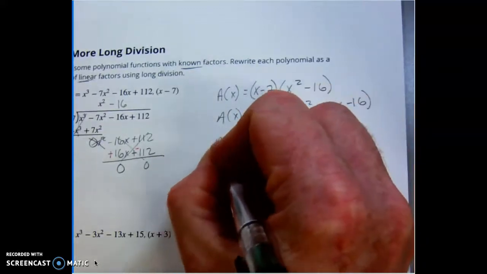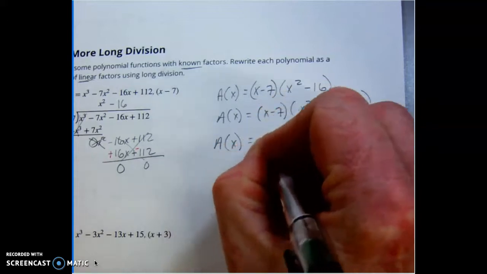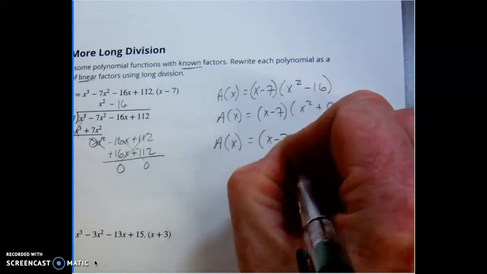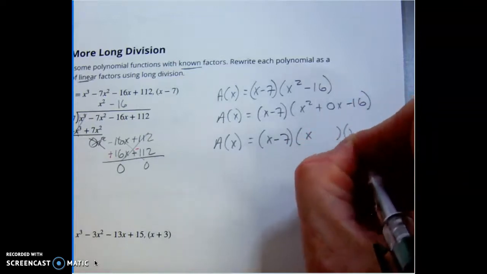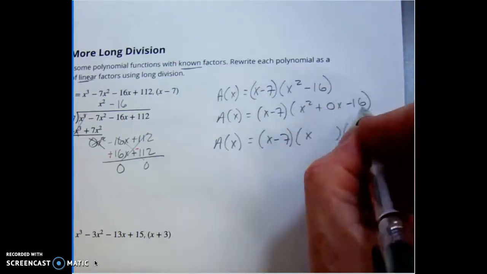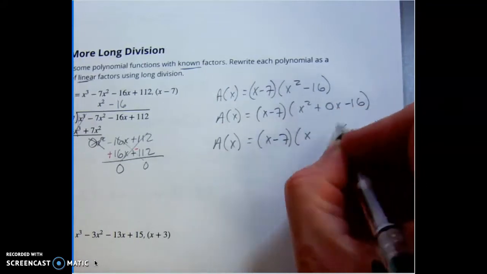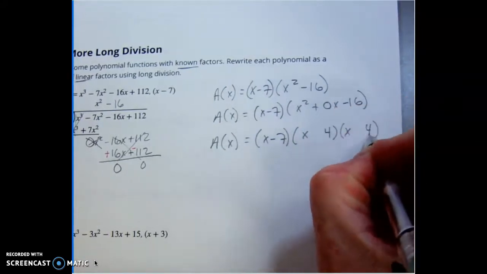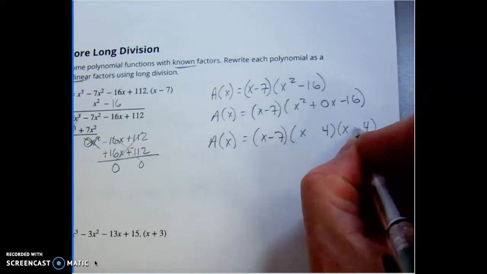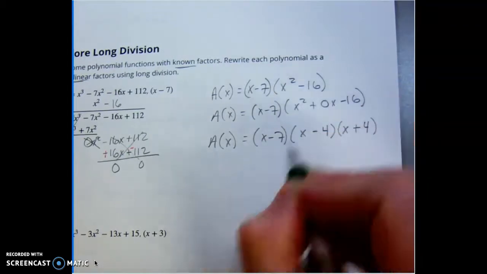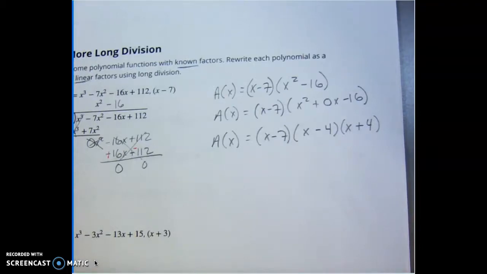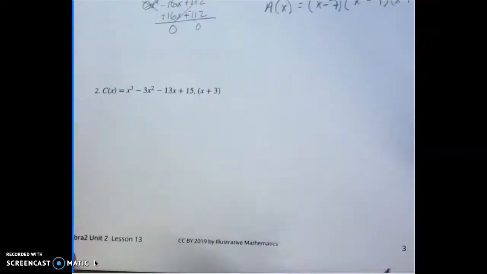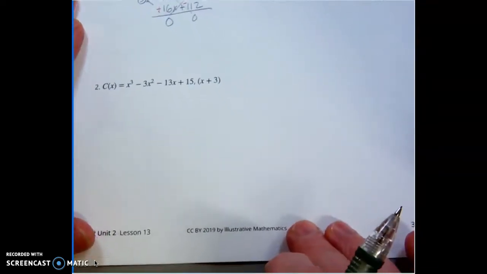So a of x equals x minus 7, then x and x to get that x squared. Factors of 16 that subtract must be 4 times 4. And to give a 0, it must be one plus, one minus. And we now have our 3 factors of the polynomial, which we could turn into zeros to help us graph if we wanted to.